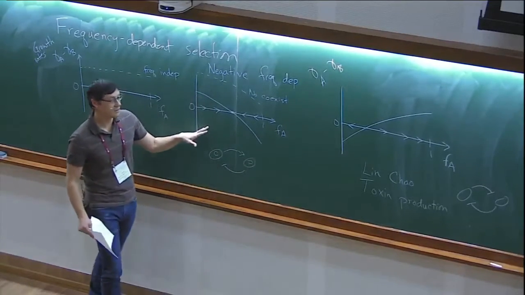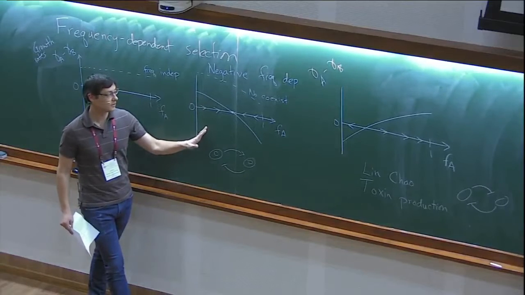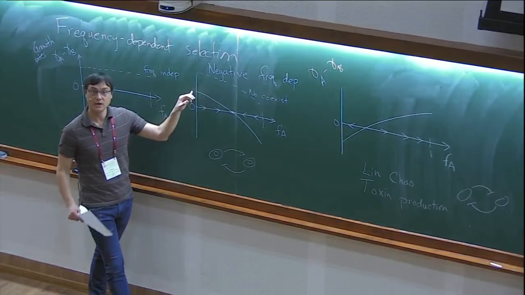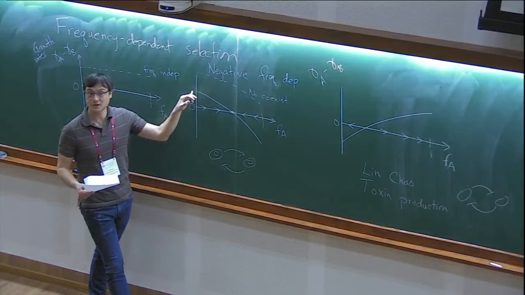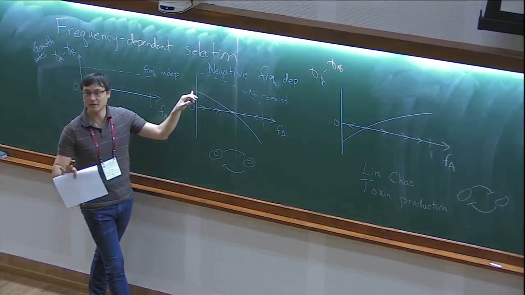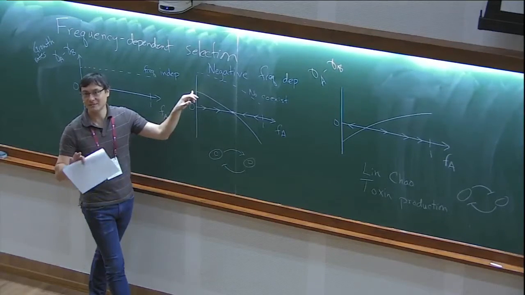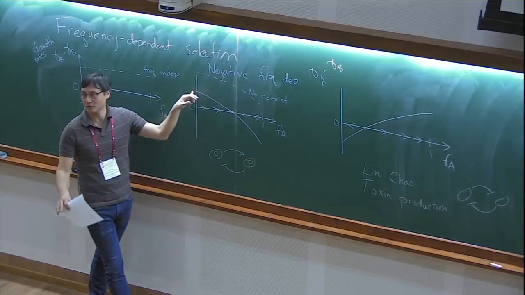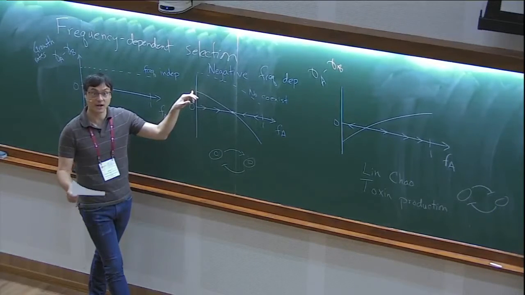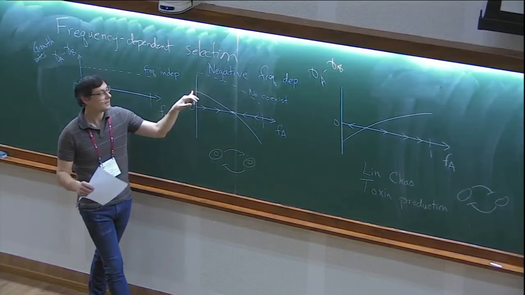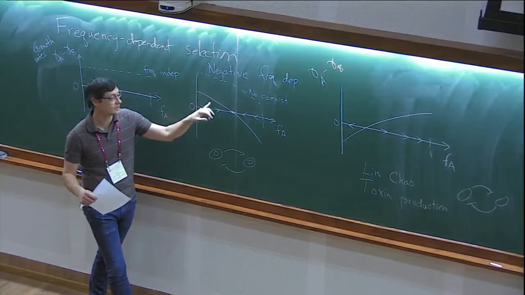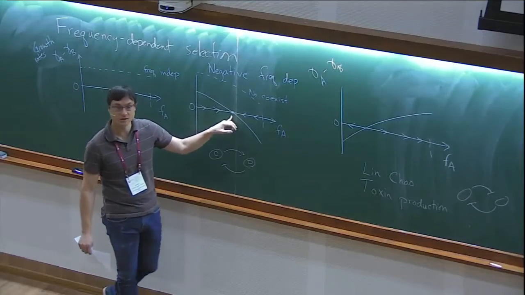So here, a rare mutant is initially selected for. It will often be subject to stochastic extinction. We're not going to talk about that today, but the statement there is just that even a beneficial mutation is typically lost due to stochastic effects, but at least if it survives, it'll spread and then reach coexistence.